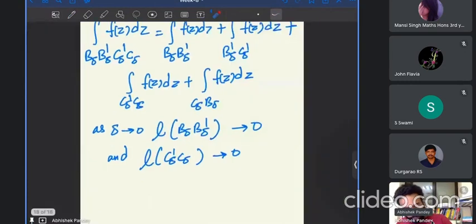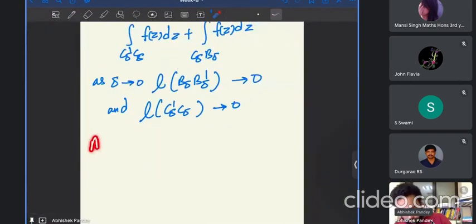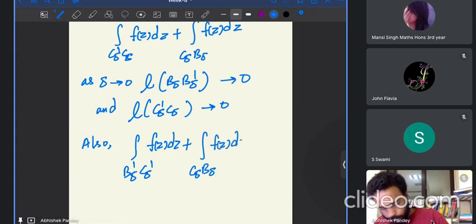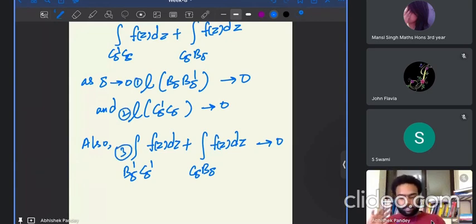Also this integral over B delta dash, C delta dash of F(z) dz plus the integral over C delta, B delta of F(z) dz tends to 0. So these three things will happen as delta tends to 0.